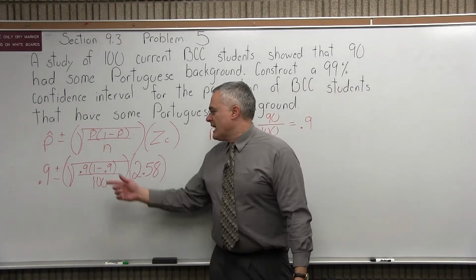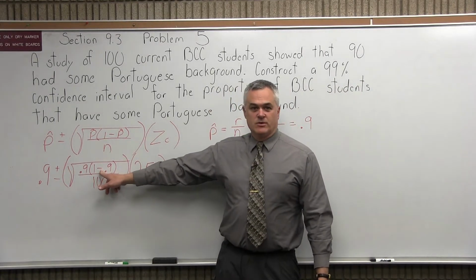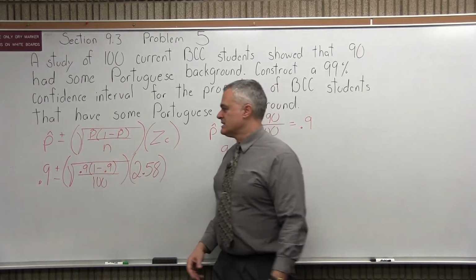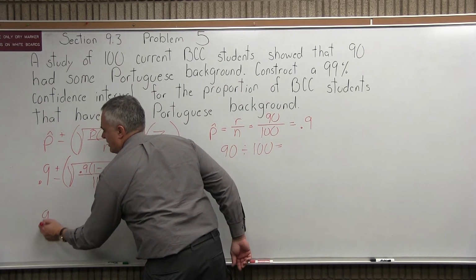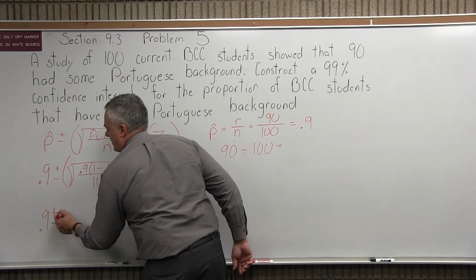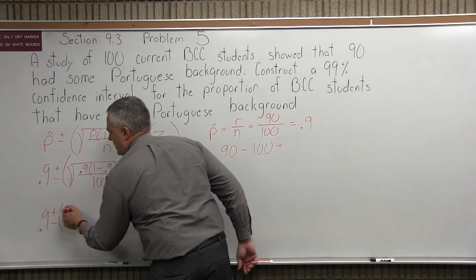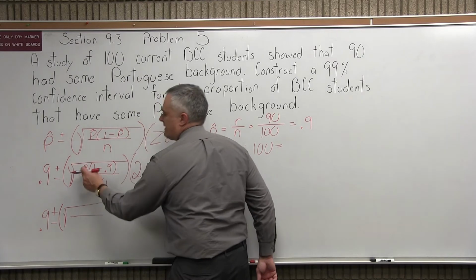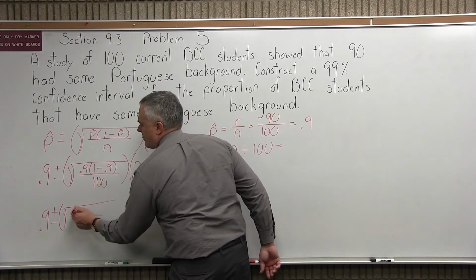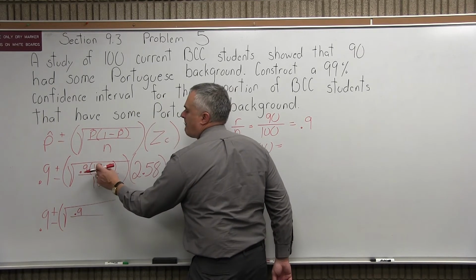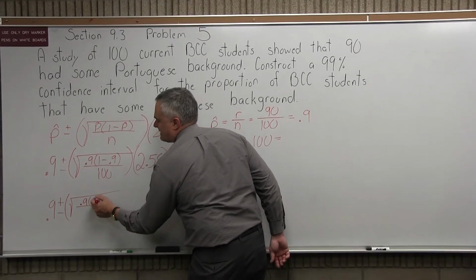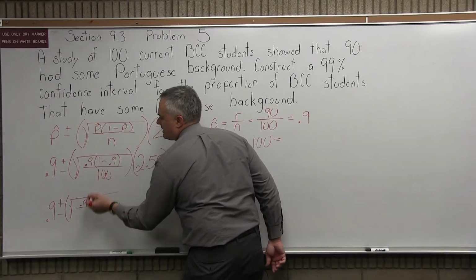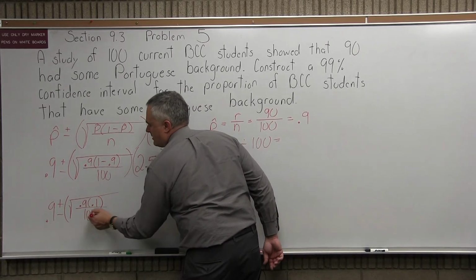Now, to start, we have to do the work under the square root, specifically the work in parentheses. So let's simplify that a little bit. So I'll have 0.9 plus or minus the square root of, so I'll still have a 0.9 in front, but now in my parentheses, 1 minus 0.9 will be 0.1. So 0.9 times 0.1 in the numerator, and I still have 100 in the denominator.